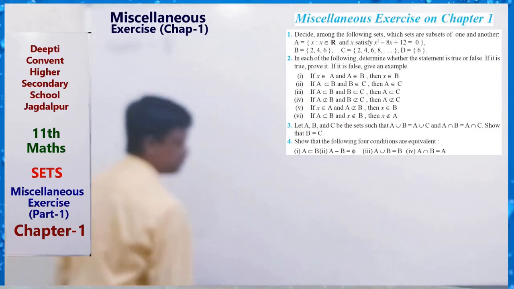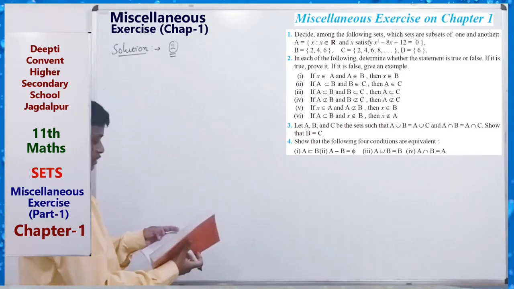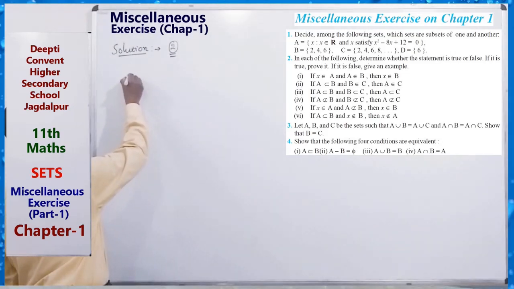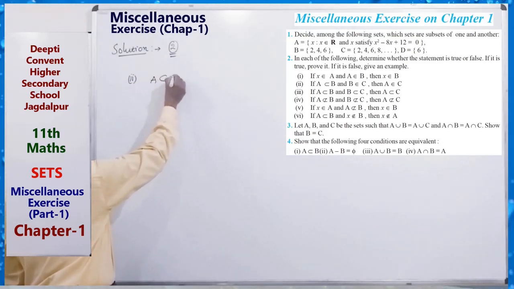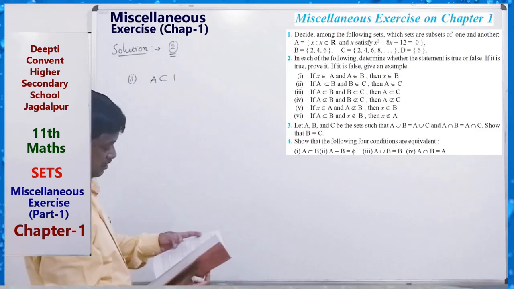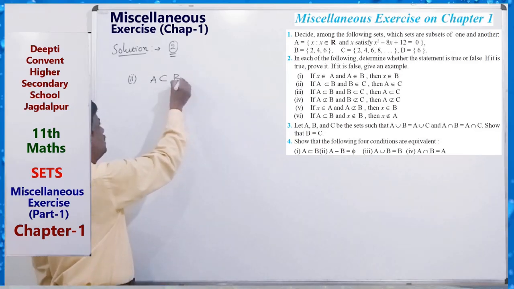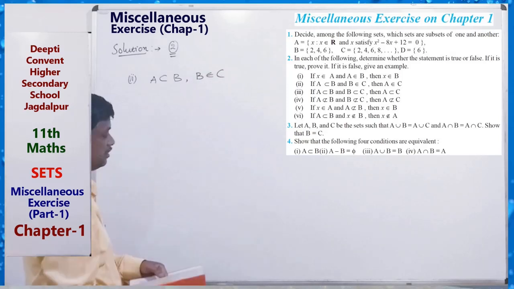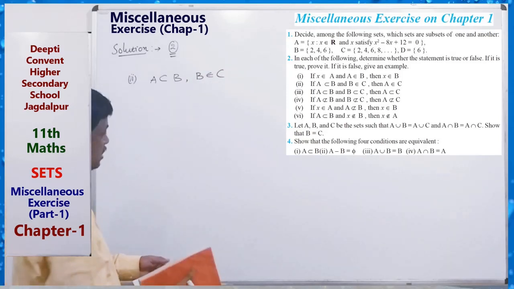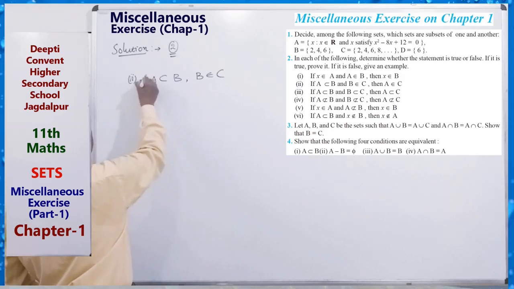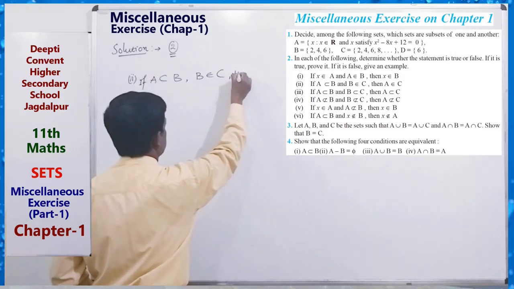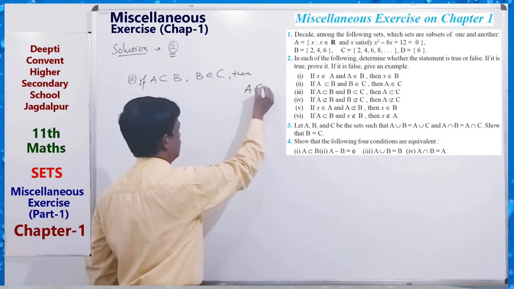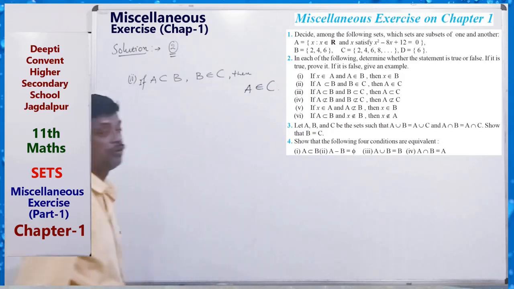So here the condition is: A subset B, B belongs to C. Then A belongs to C. Is it true or false?